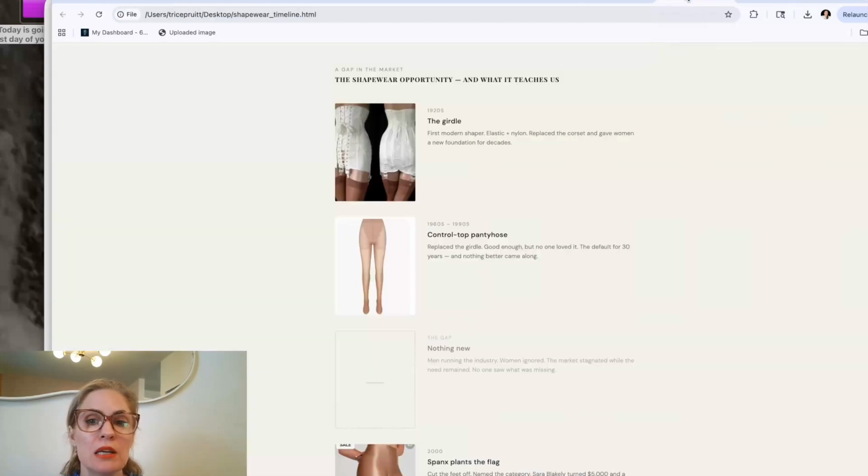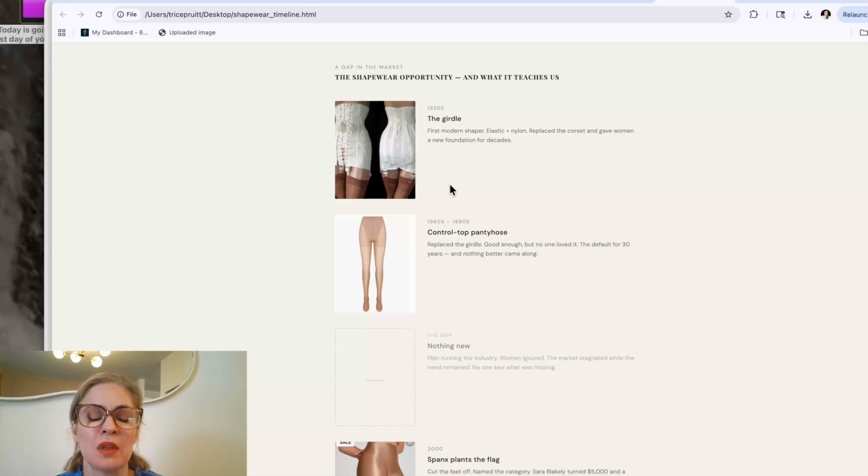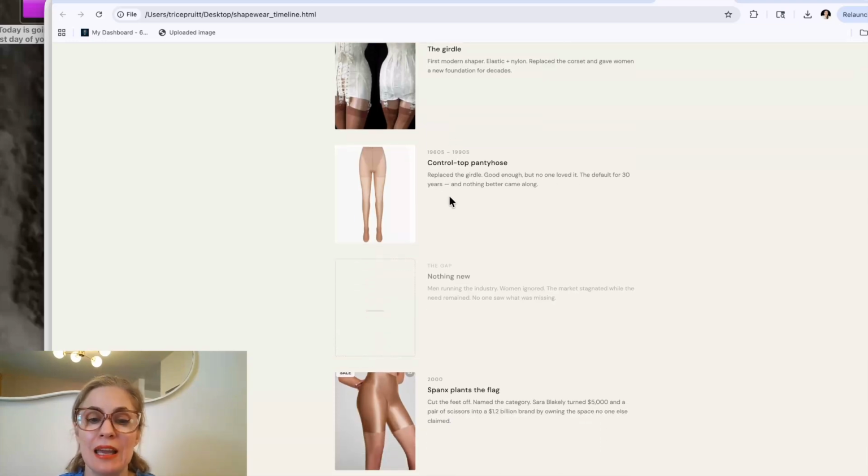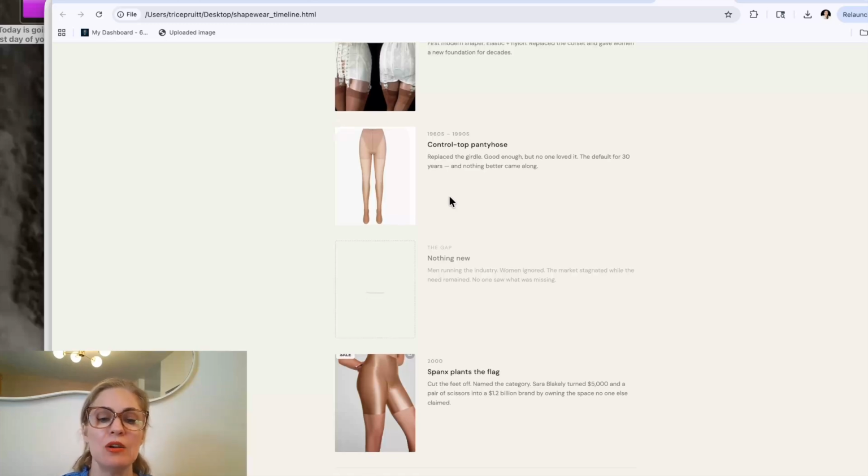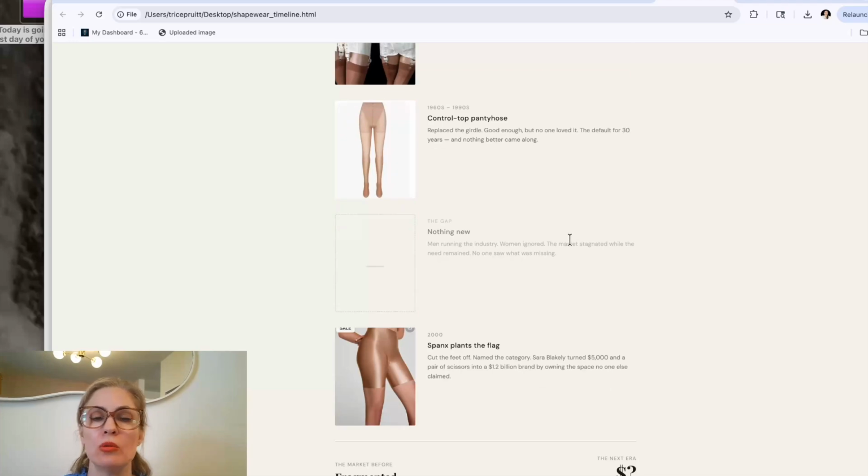So back in the day, do you remember Spanx that came around in 2000? Before Spanx, in the 20s, we had the girdle and the corset, all these tight, really constricting things. And then really in the 80s to the 90s, we just had control top pantyhose. And then there was literally nothing new, just a wide open market.